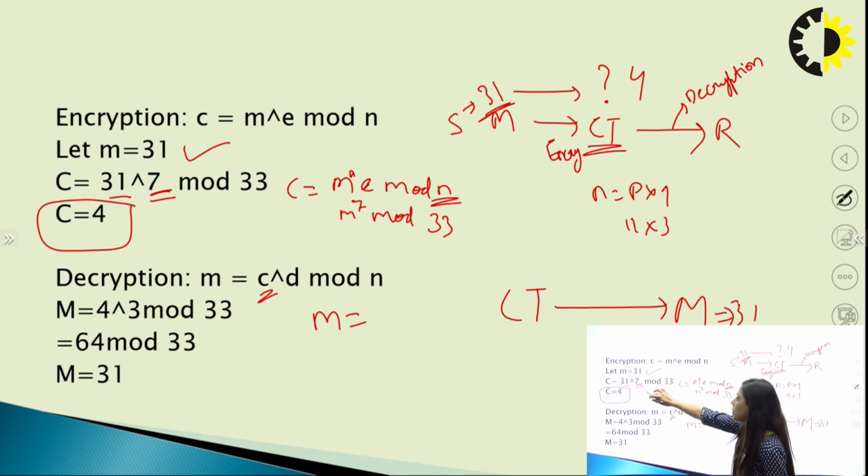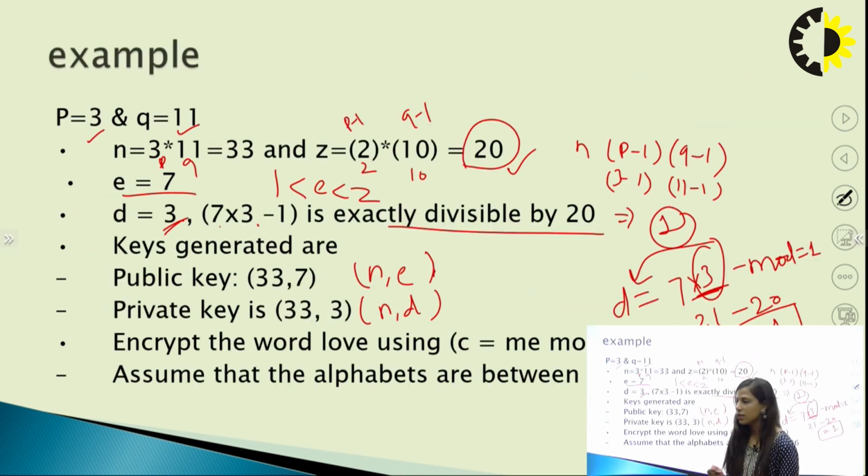We have calculated C equal to 4. Now this is D. D is the key that we use for the decryption process. These two keys we have already generated: this was the private key and this was the public key. For encryption we use one key and for decryption we use a different key.